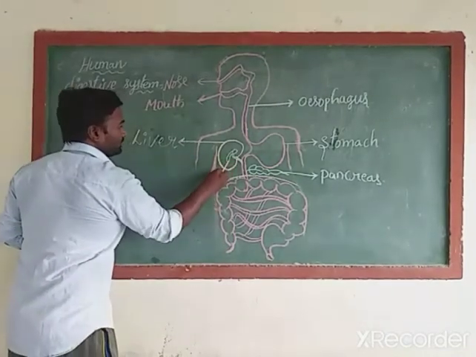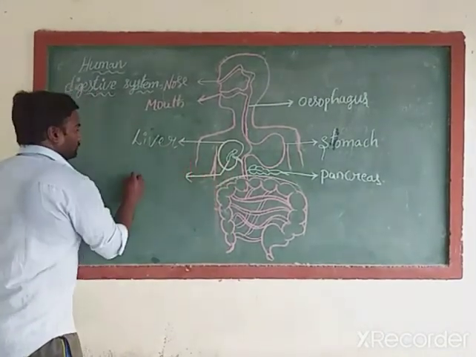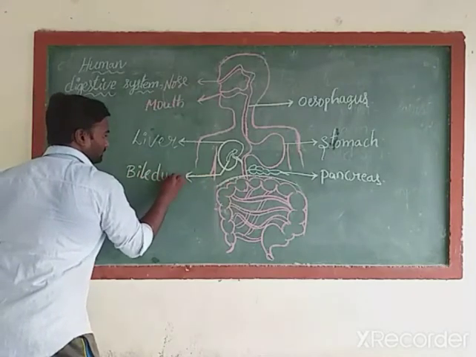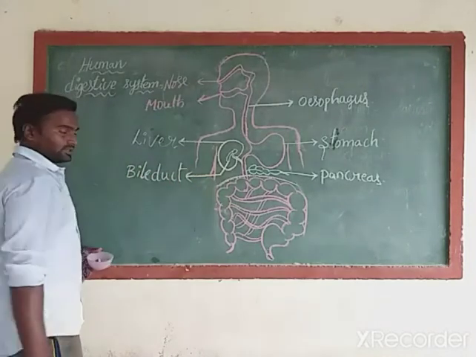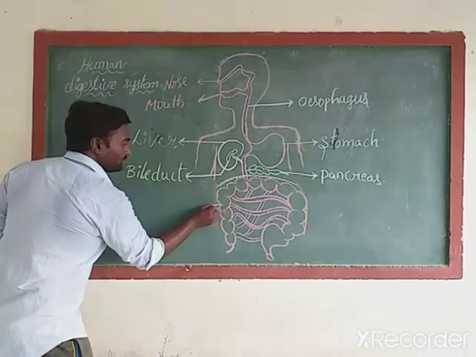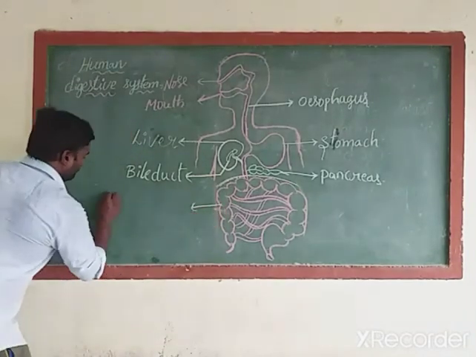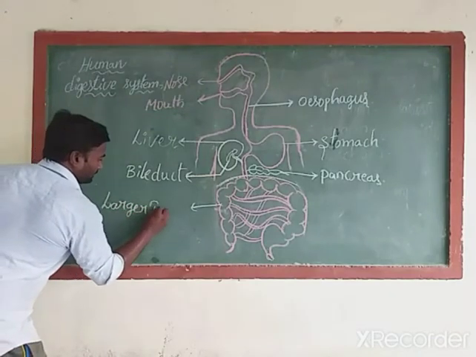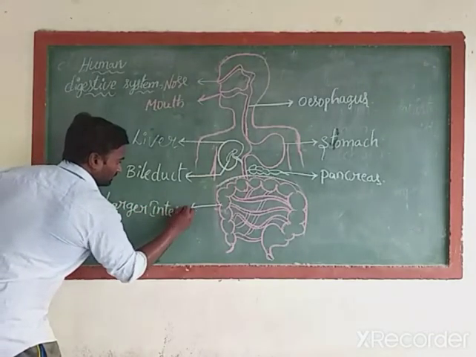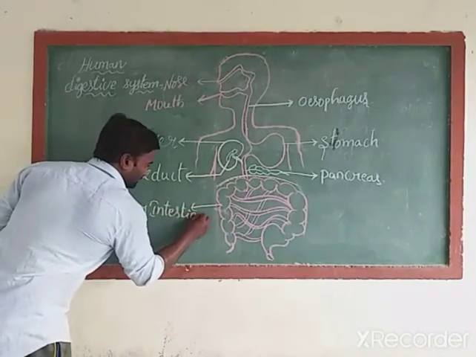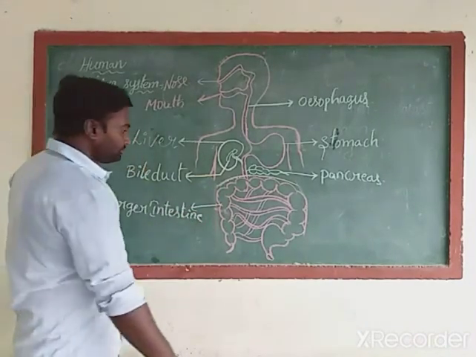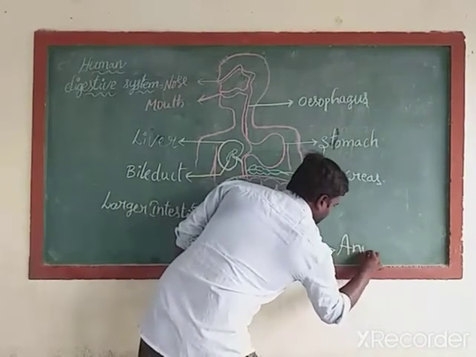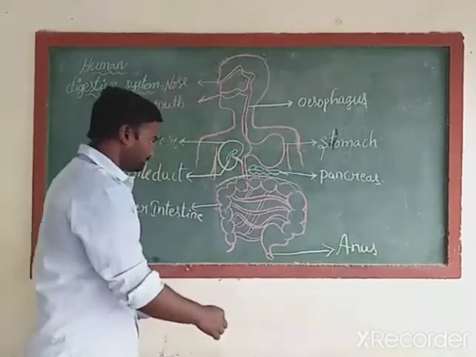Next, in the liver there is a chance to see the bile duct. Next, this part is larger intestine. This is anus.